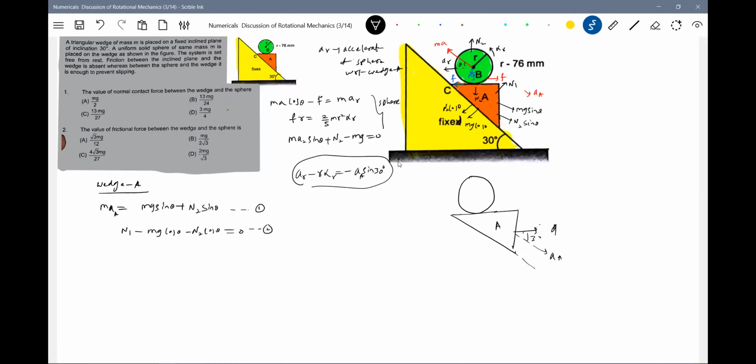This will become AA cos 30, no? And acceleration of center of mass of the sphere is this one, and it's having alpha R. So it will be AR. This will be R alpha, R alpha R.